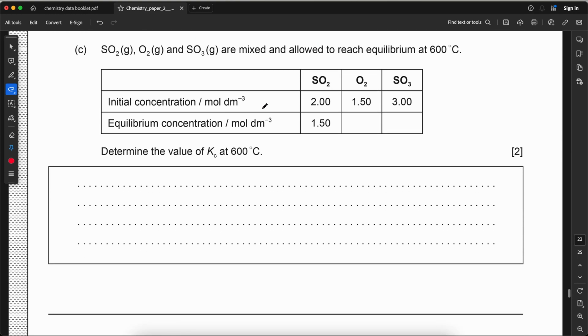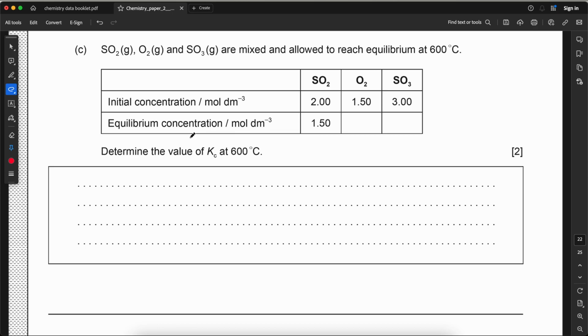Okay, SO₂, O₂, and SO₃ are mixed and allowed to reach equilibrium at 600 degrees Celsius. The initial concentrations are these, and the equilibrium concentrations are these. So we need to find the reacted concentration.